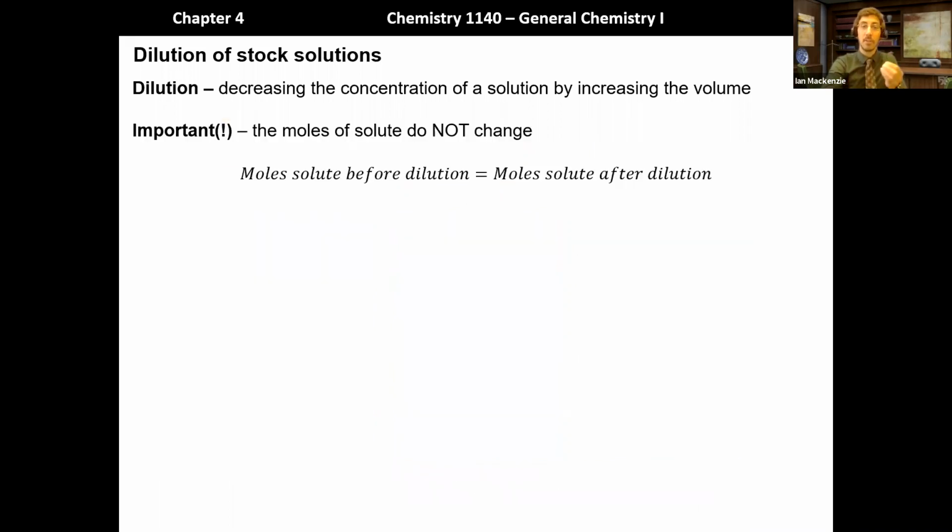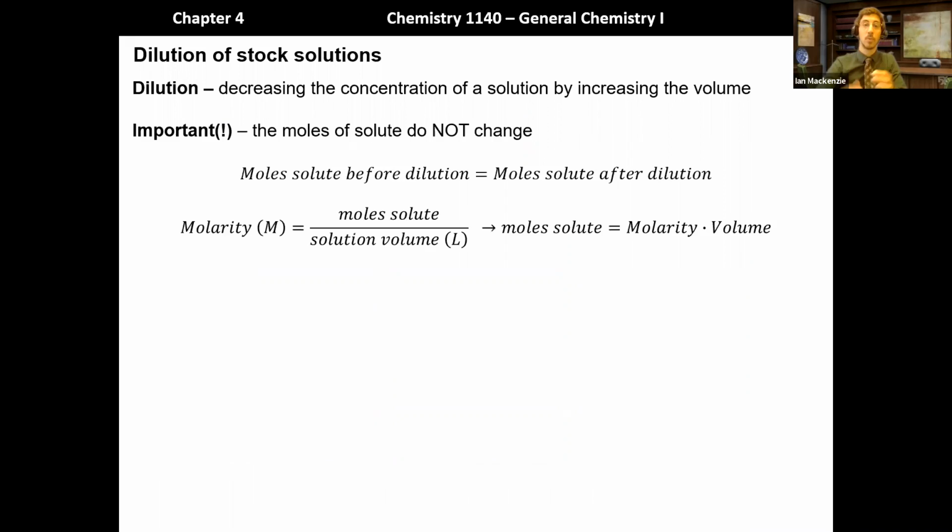Because that is the case, we can rearrange our molarity equation to solve for moles of solute. If we do that, we come out with molarity, or concentration, times the volume. Now if we substitute that in, we come out with an equation for a dilution that you may be familiar with, or that you will certainly find in your textbook.